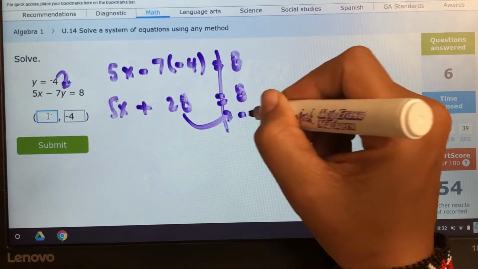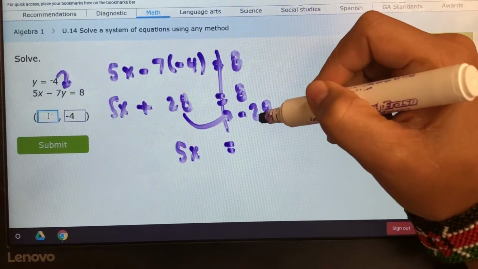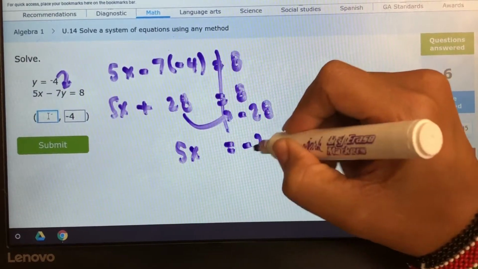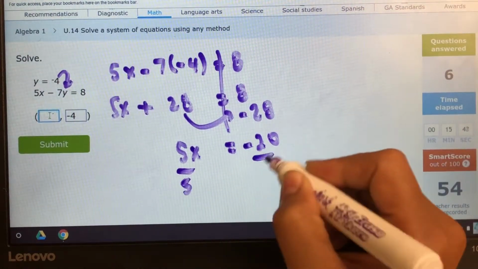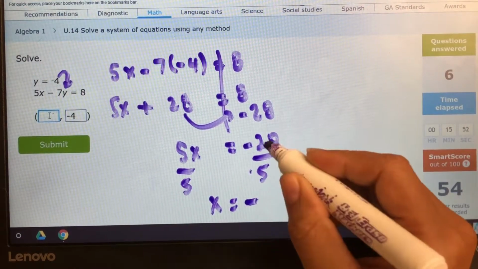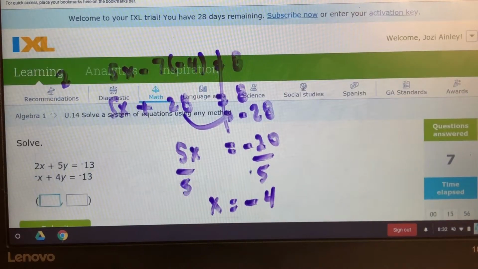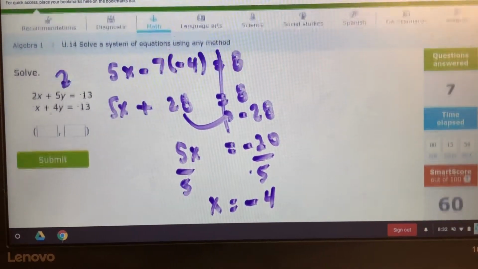Take the 28 to the other side, becomes -28. So I got 5x equals, positive meets negative, they're going to fight, but negative wins by 20. Divide both sides by 5. X is equal to a negative, because negative and positive is a negative, 4. So x is also -4.